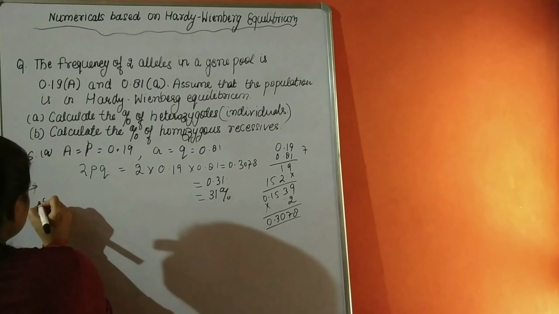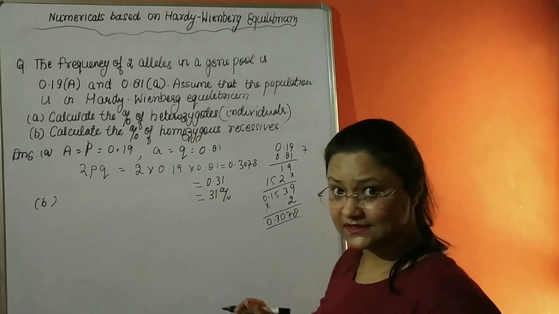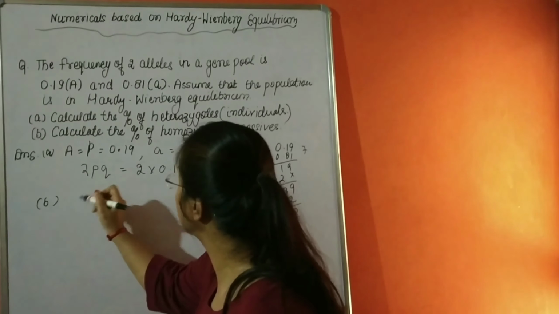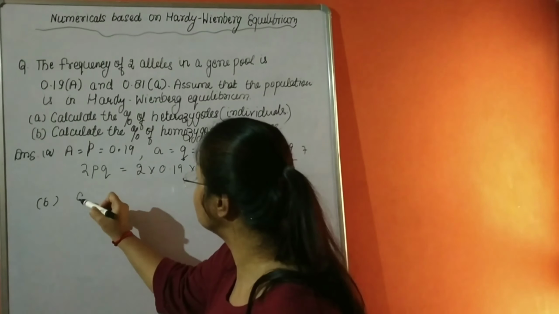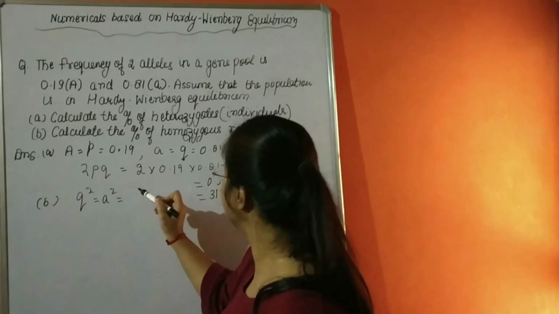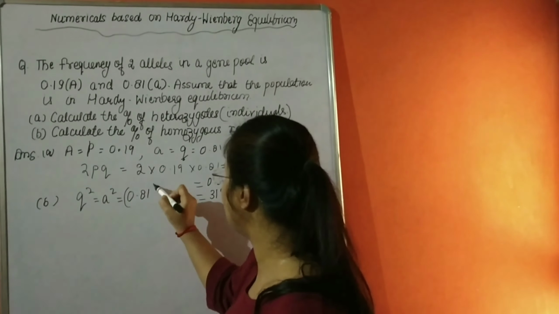Now in part B, we need to find out the percentage of homozygous recessives. So what is homozygous recessive? We know that q is recessive, but for individuals it should be q square, which will be 0.81 square.